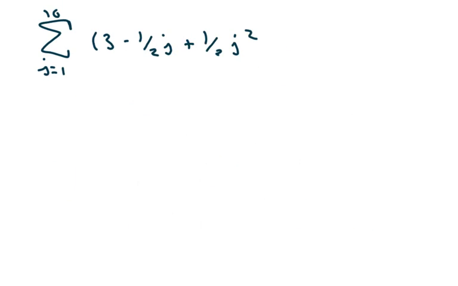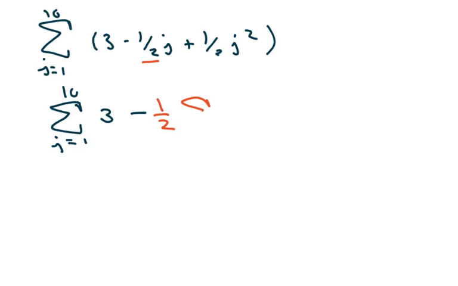Okay, the last one we have is this one, and we're going to do the same thing with this. So I'm going to break it up as the sum j equals 1 to 10 of 3, and nothing's going to happen with that, minus, now I'm going to pull this 1/2 out, now before I made a mistake last time, j equals 1 to 10 of j, plus, I'm going to pull out the 1/2 again, the sum of j equals 1 to 10 of j squared.